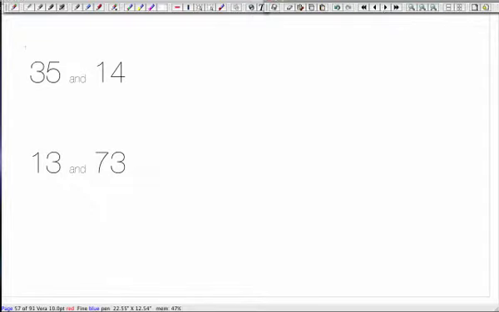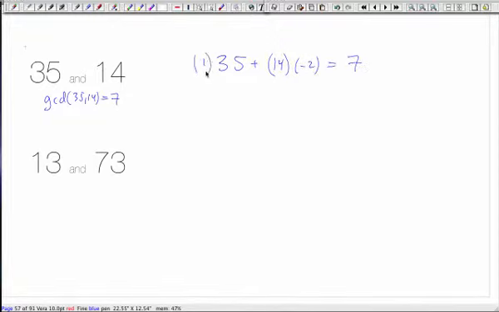Surprisingly, you know that the GCD of 35 and 14 is 7, but remarkably, you can always find numbers that when you multiply by A and B, get you that GCD. So for example, in this case, what is the GCD of 13 and 73?